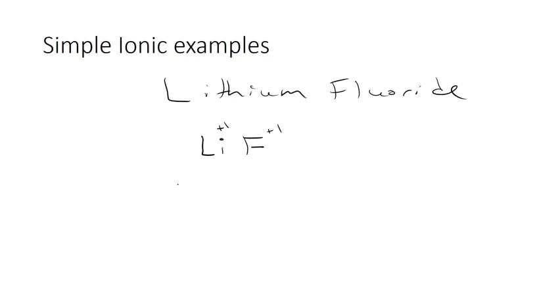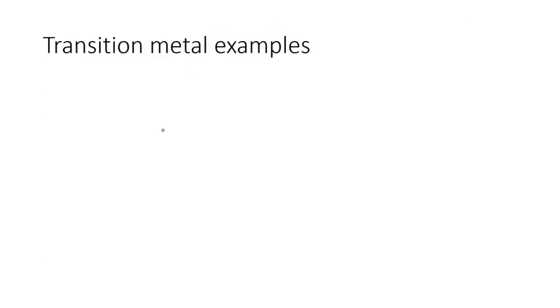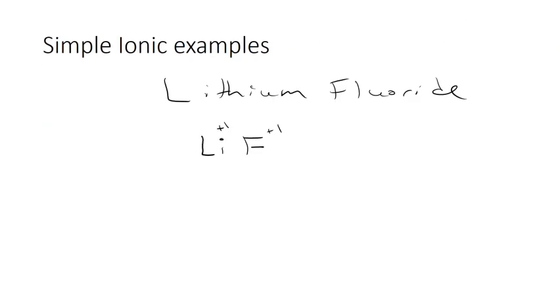So when we go to write the formula, both of these cancel each other out. Oops, sorry, this is actually minus 1. My mistake. So when we go to write these, they both balance out. We don't need any subscripts, so this is just LiF.